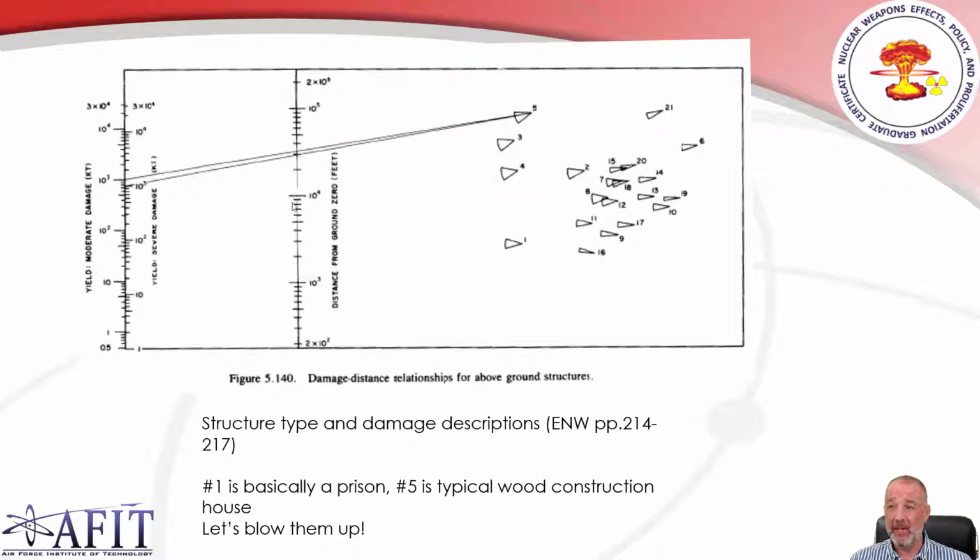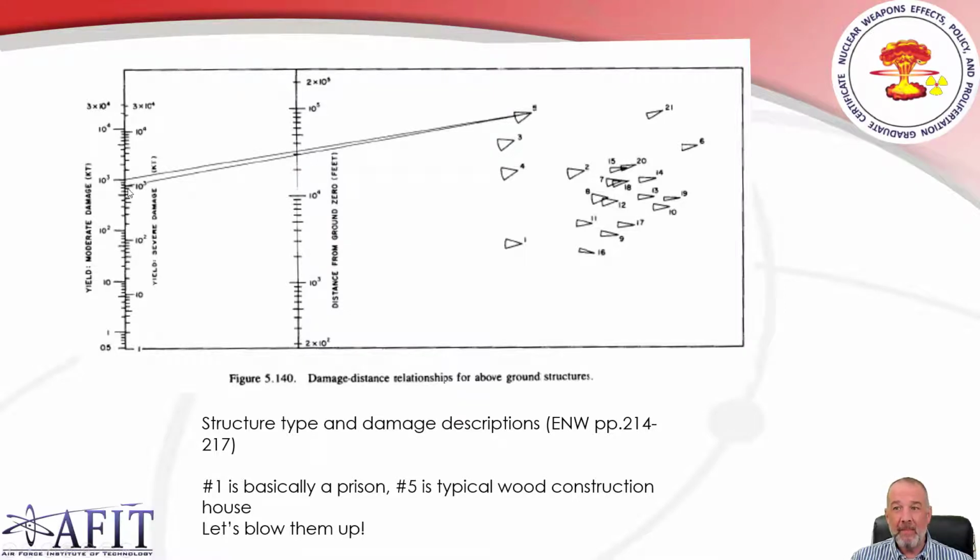32,000 feet approximately. So this is 1,000, 10,000, 20,000, 30,000. We'll call that 32,000 feet. Any closer than 32,000 feet, it will definitely suffer moderate damage. Anything farther away, probably not.